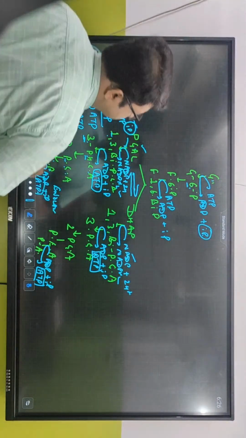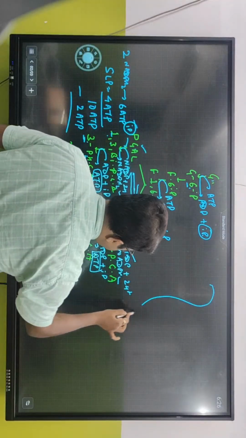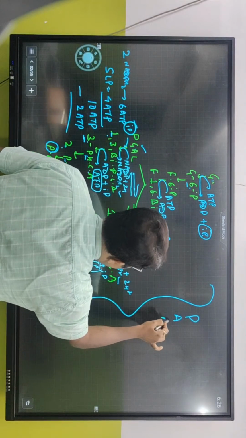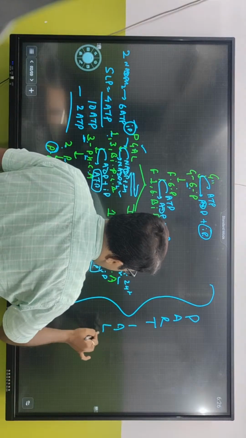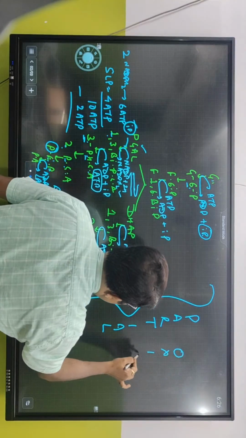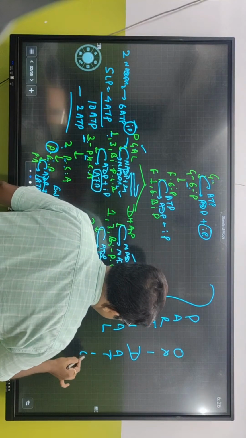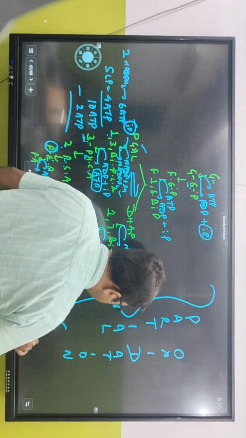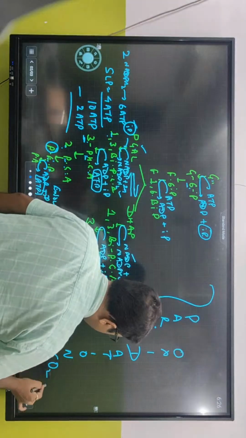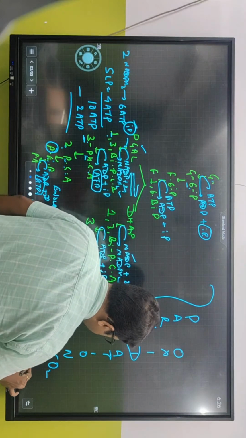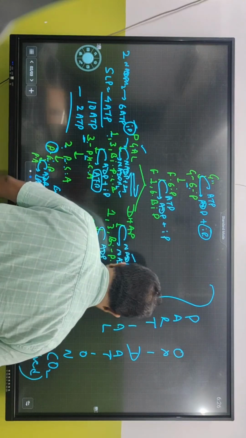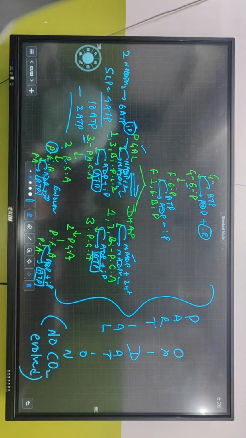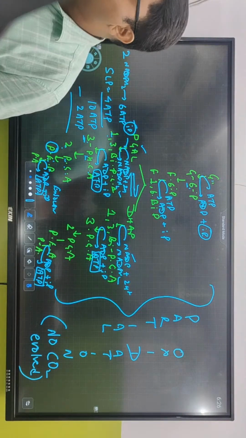This is partial oxidation of glucose. That is very, very important. Why? Because no, Ankita bolo, কি? No carbon dioxide evolved. It's a very, very important concept.